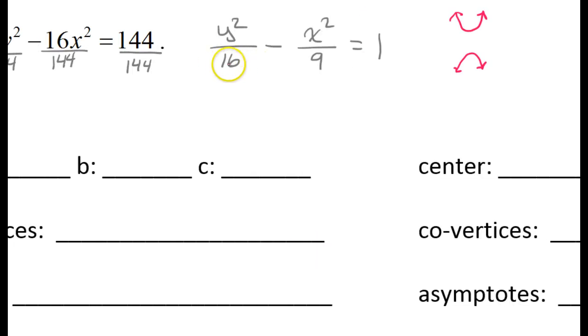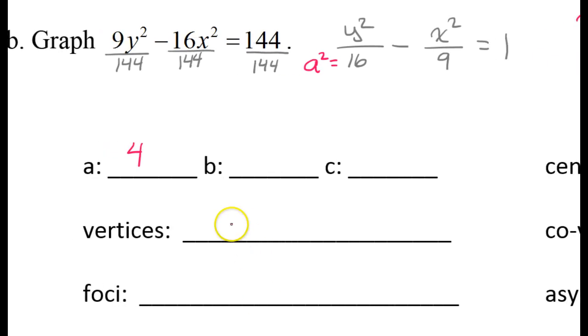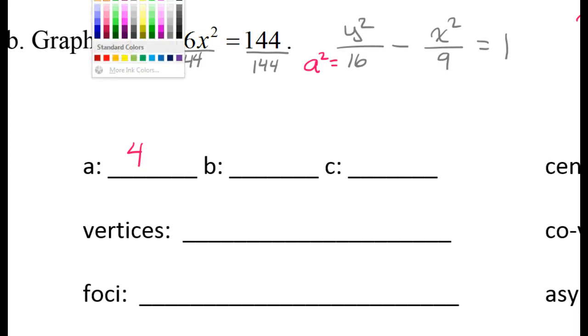Now, the first denominator, the positive denominator, is always a squared for hyperbolas, which means that the a value is 4. We will use this a value to find the vertices.